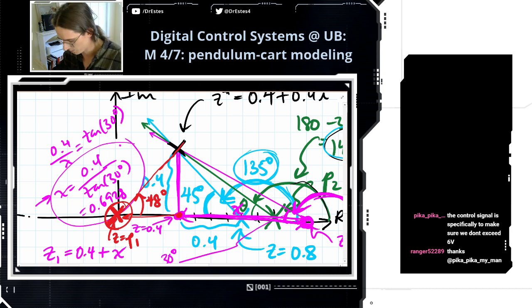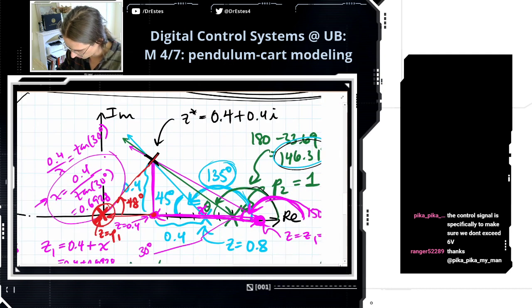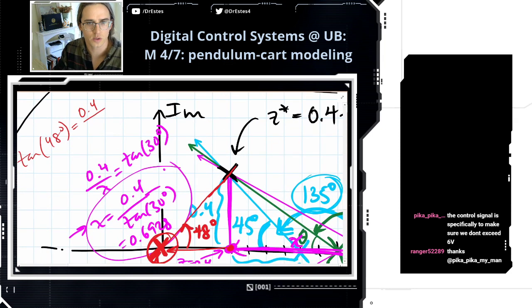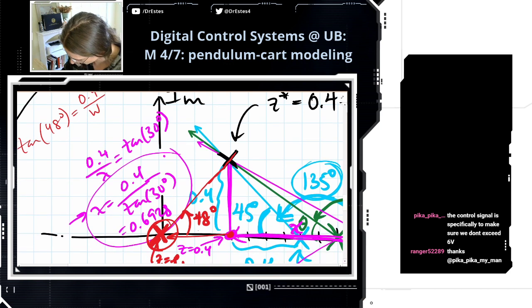Okay, we're so close, maybe we should just finish it. So the tangent of 48 degrees is equal to 0.4, and then instead of using X, I'm going to use W. You didn't see that coming.